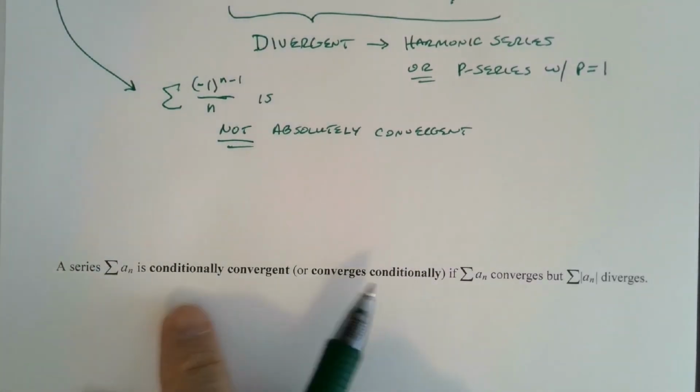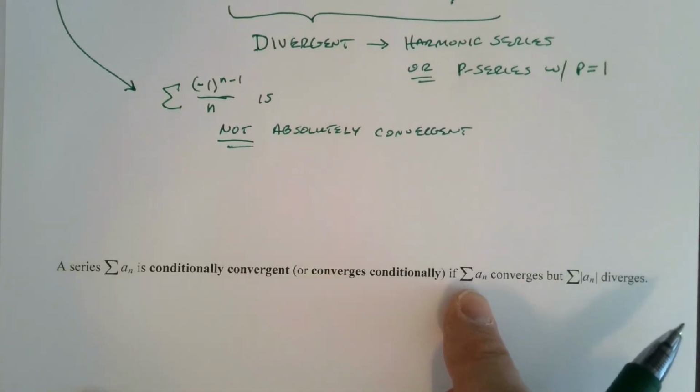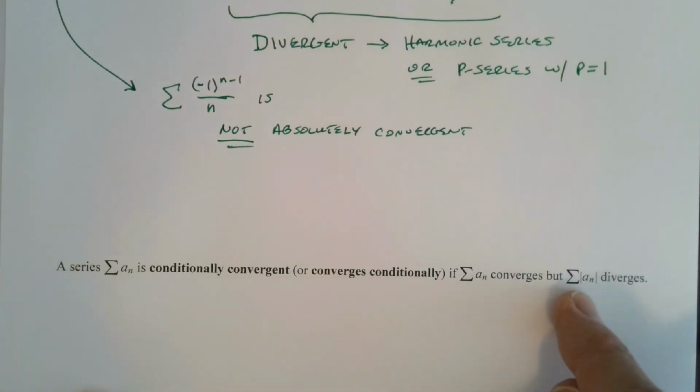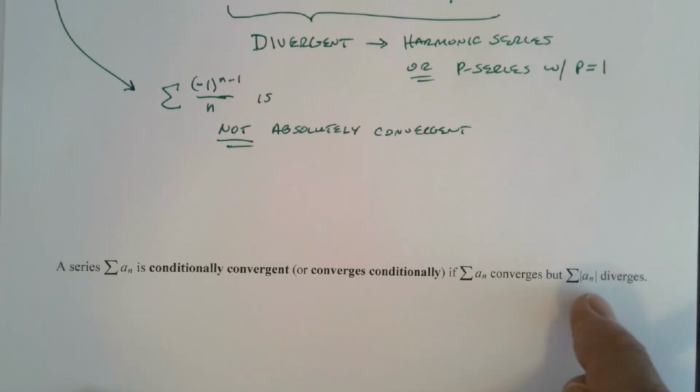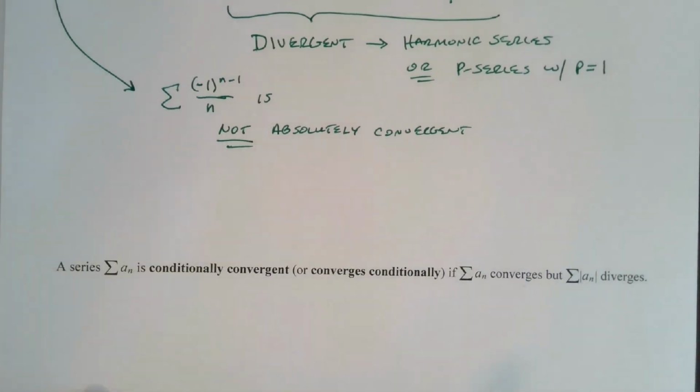So a series is conditionally convergent, or converges conditionally, if the series converges, but the absolute value terms series diverges. In other words, it is not absolutely convergent. Absolutely convergent means this series converges. So if it's not absolutely convergent, but yet it still converges, then it's called conditionally convergent.